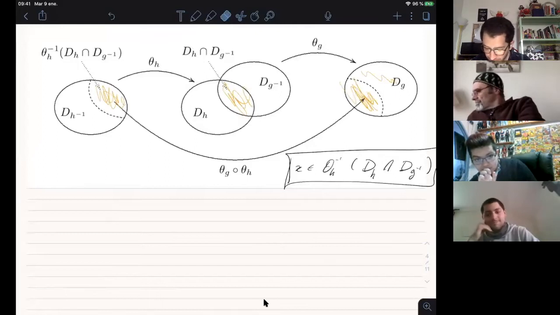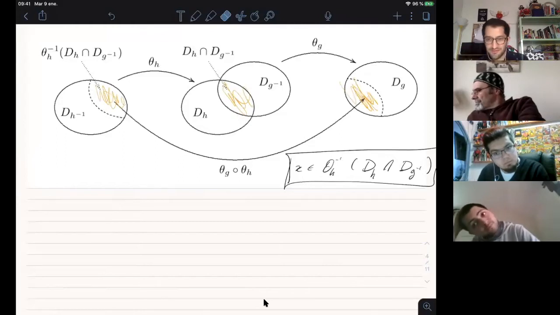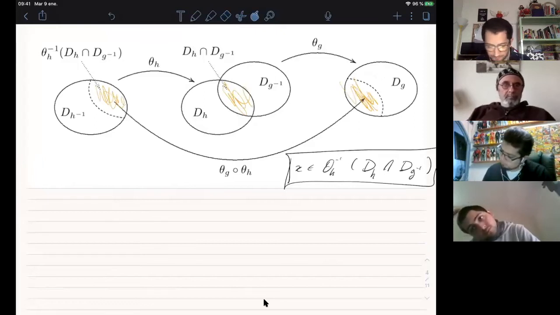Up. There. And this is how the composition works. So we can see now by this drawing, as in the book, that the composition is a subset of this other, and how the domains work.